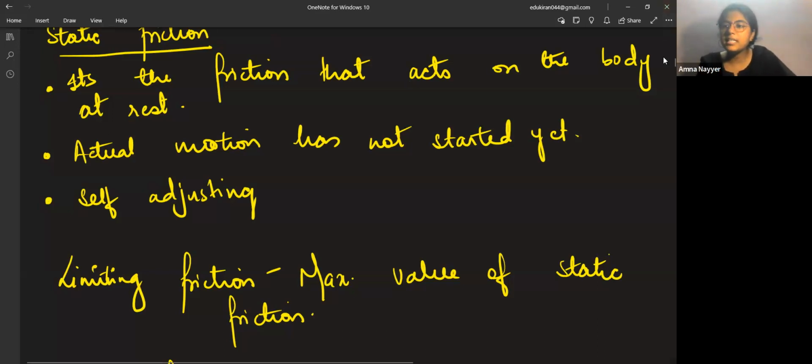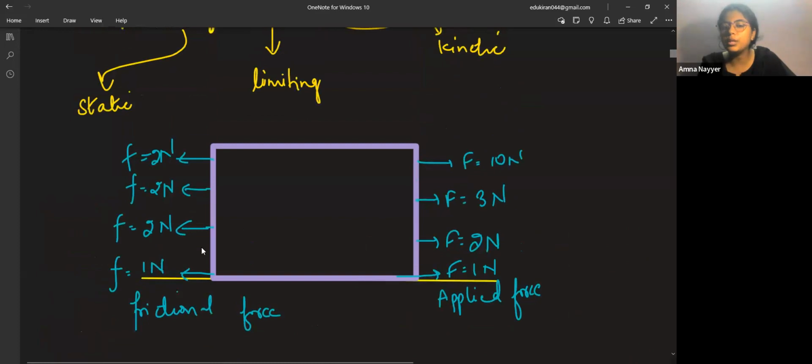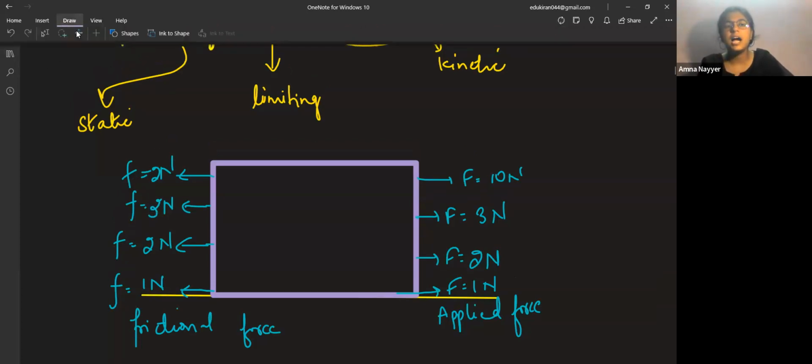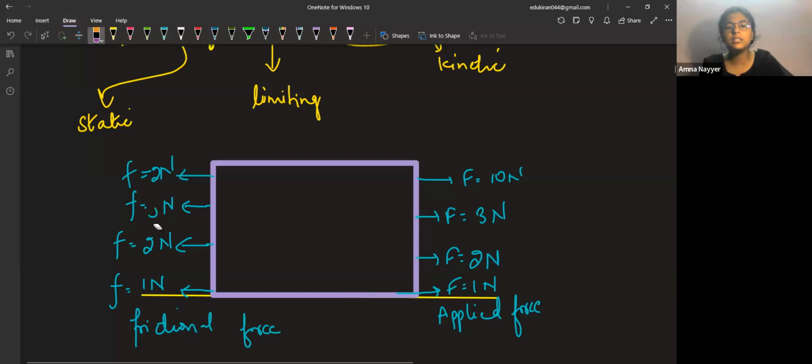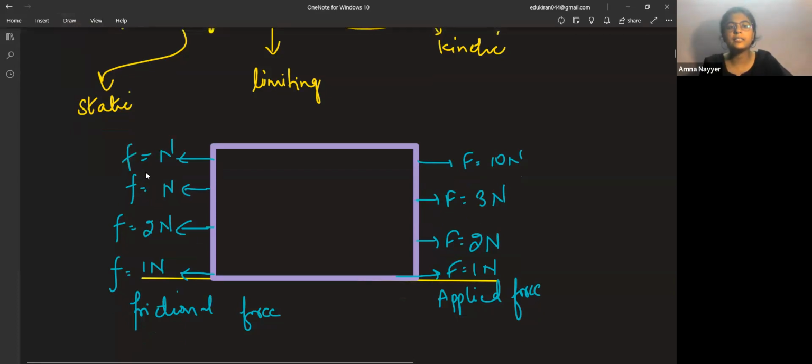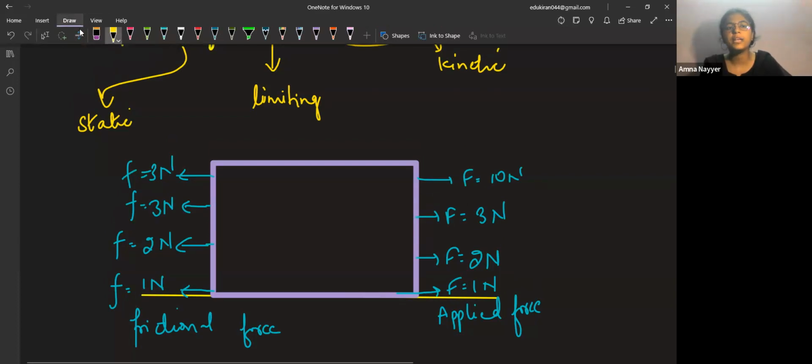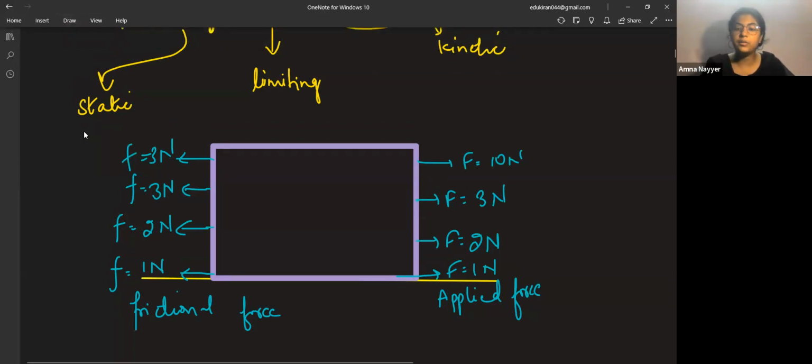The second type is, what exactly is this 2 Newton I'm talking about? After this, is any value of frictional force possible? Let's make it 3. Let's say till 3 Newton this was constant, and after 3 Newton the body began its motion. Let's make this example a little more lengthy. So this is 3 Newton, the maximum value before the motion could occur.